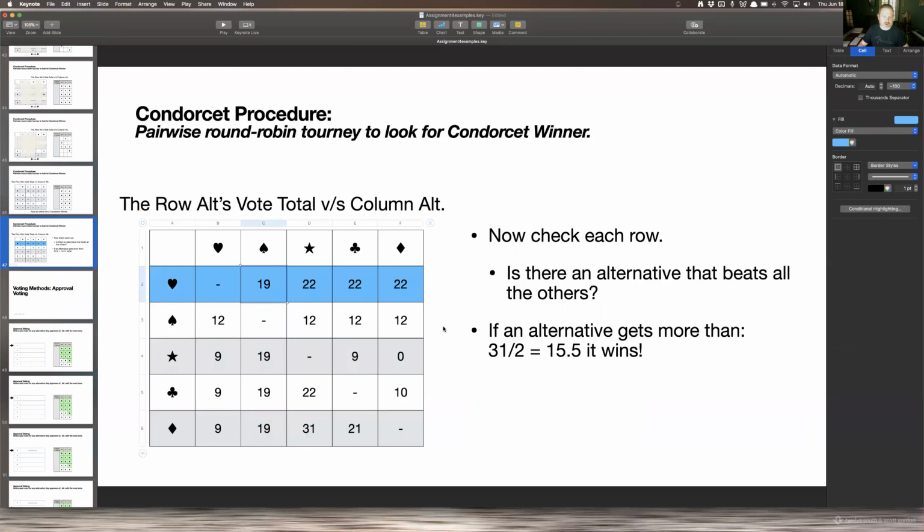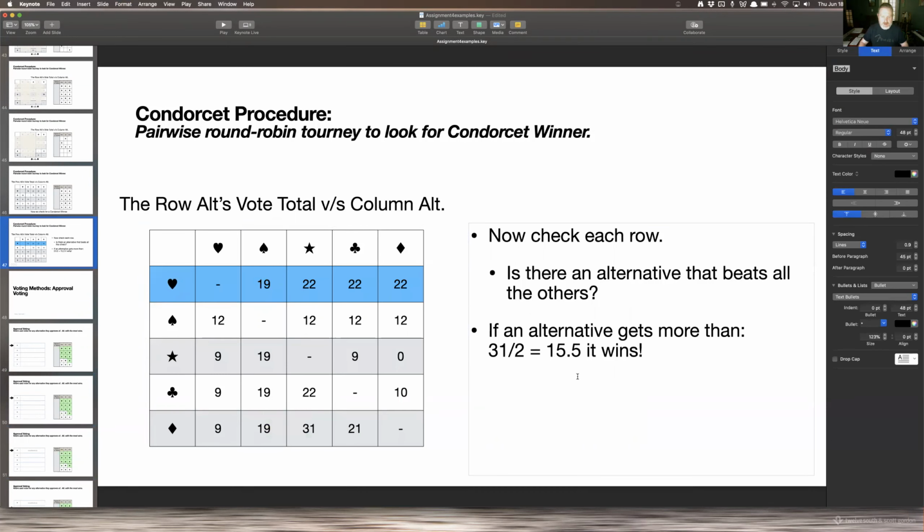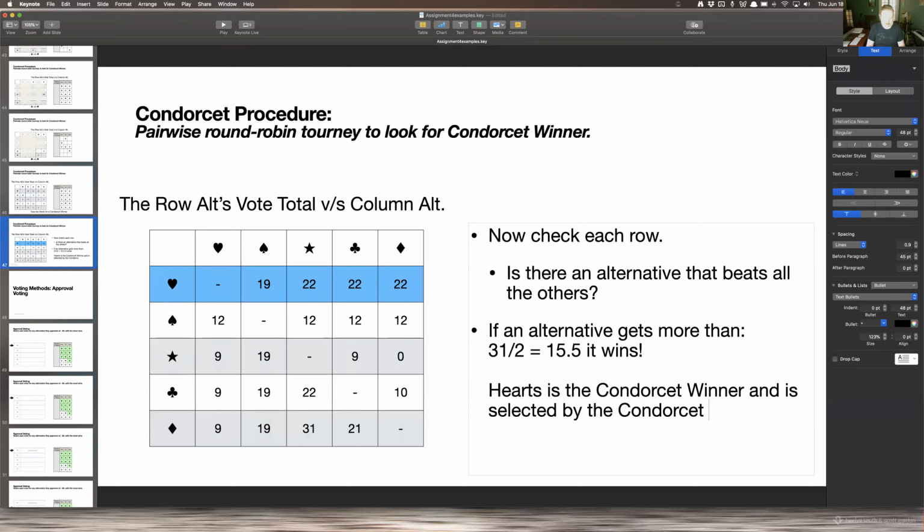Okay, so I'll just put that here for when you're studying. Hearts is the winner and is selected by the Condorcet rule or Condorcet method, I think we'll call it. Procedure is what Shepsle calls it.